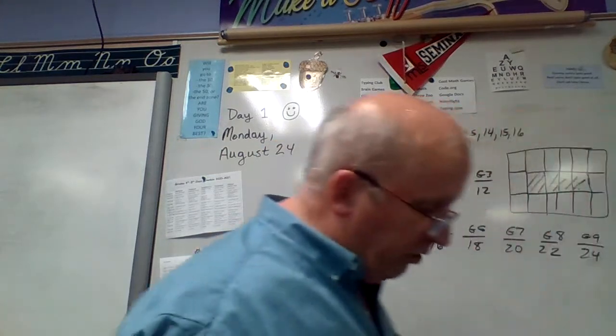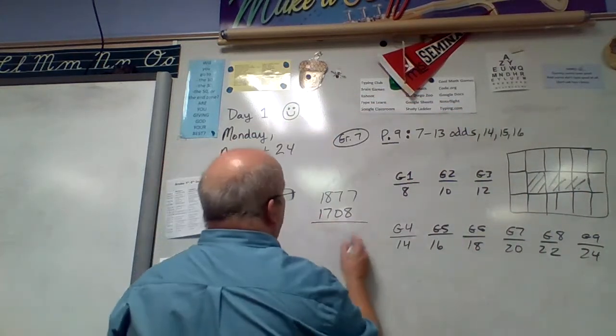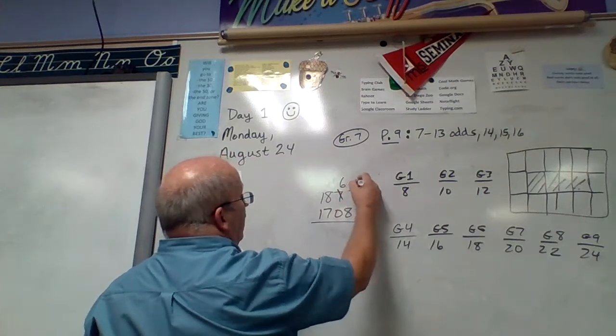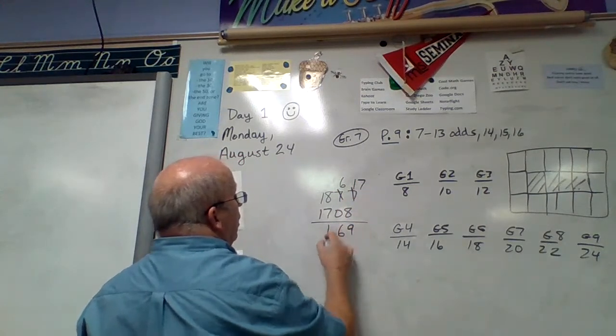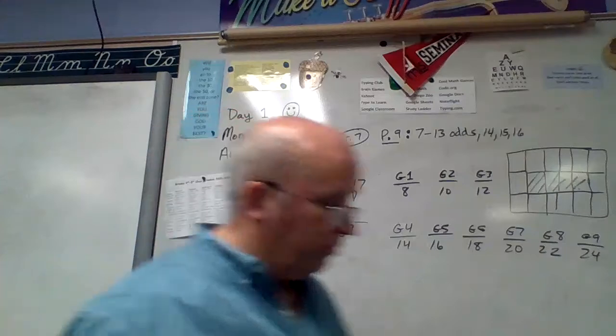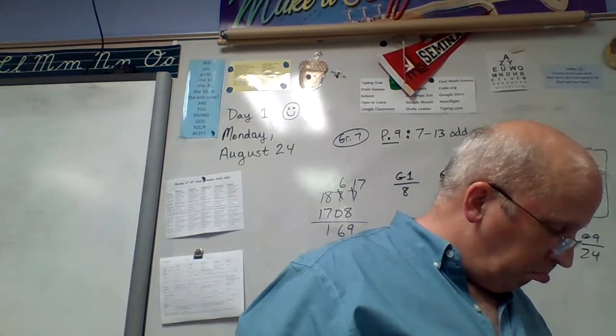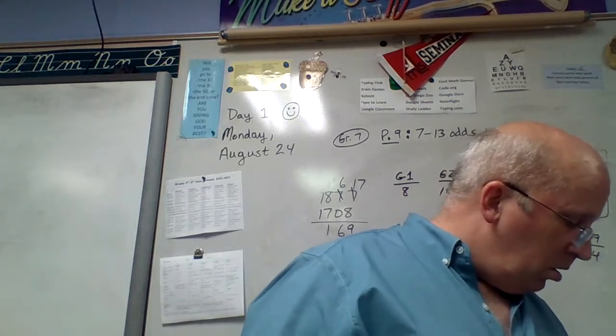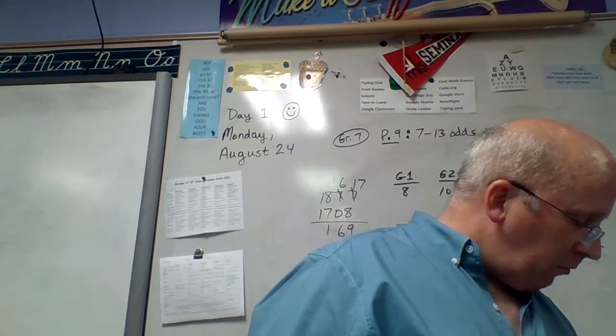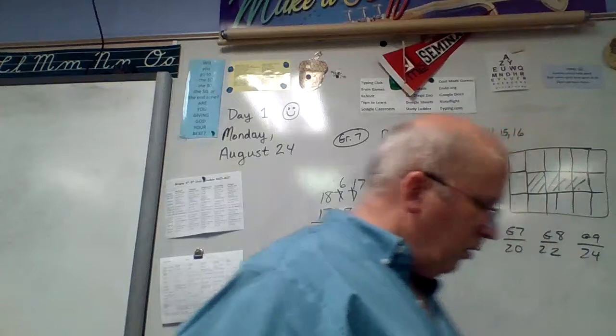Yep. So if we take those 2 numbers and we subtract them, we're going to have to do a little renaming. We get 169 hours, right? But there's one more issue about this.